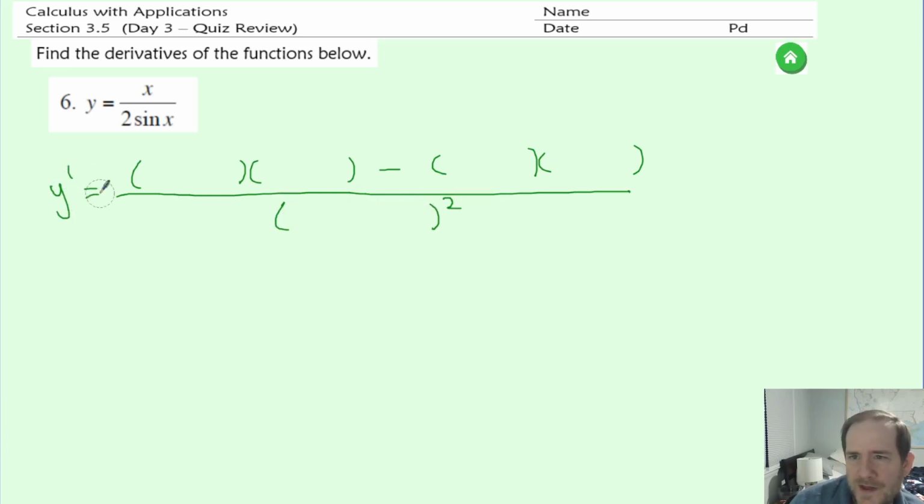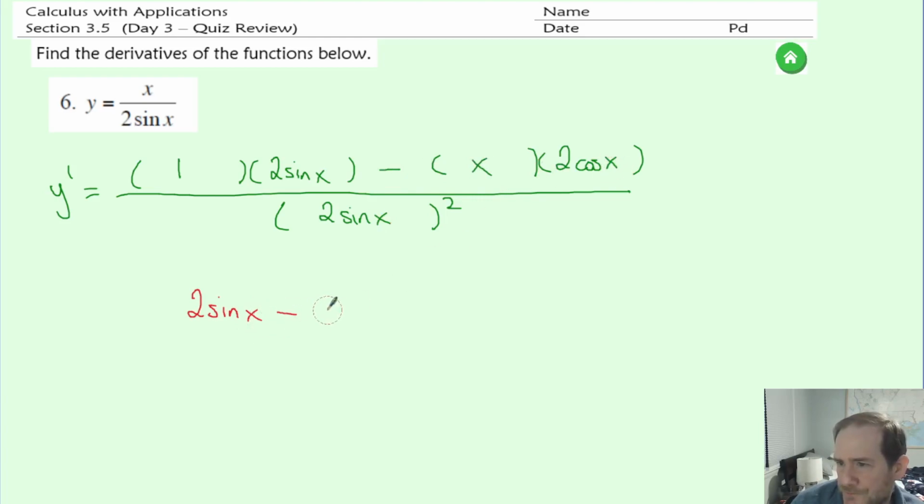So y prime then for us is going to be 1 times 2 sine x, and then minus x times the derivative of 2 sine x, which is just 2 cosine x. And then all over 2 sine x squared. So cleaning this up, our numerator would be 2 sine x minus x times 2 cosine x.